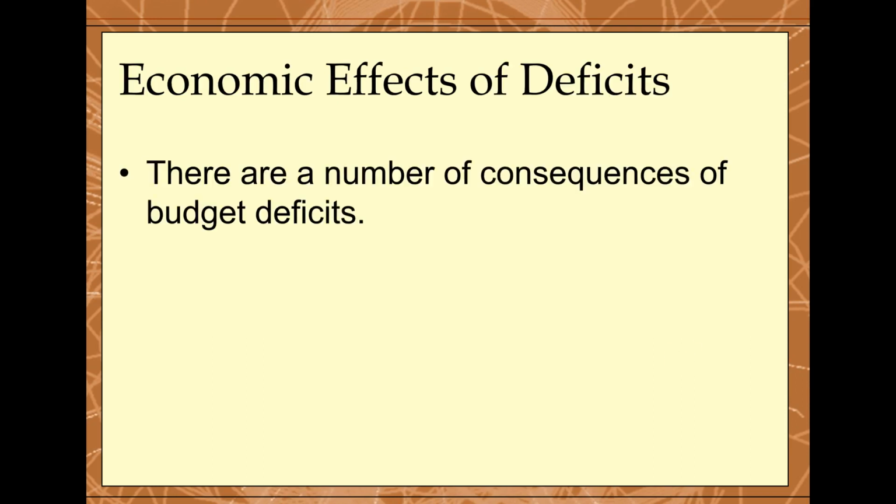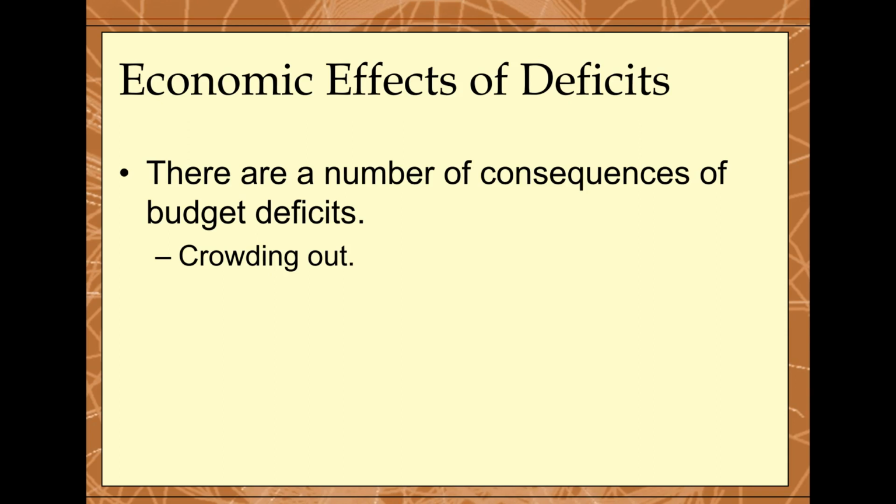Now, there are a number of consequences that arise from budget deficits. One of them is what we call crowding out. Crowding out is when the government borrows a lot of money, it leaves less money for the private sector to borrow. So think about this. What happens when something becomes more scarce? The price of that good or service goes up. Well, the price of borrowing money is the interest rate.